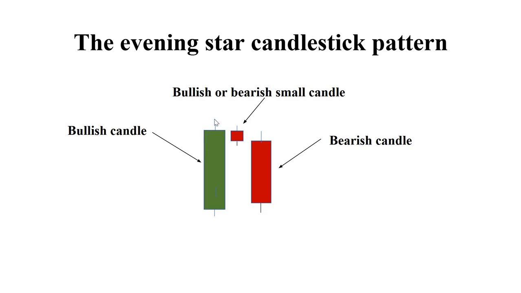All right, so let's delve into the evening star candlestick pattern. Let's look at the features or the characteristics of this candlestick pattern. Like I said in the morning star, it is made up of 3 different candles. Sometimes it can even be 4. The middle candles can be 2, but mostly we consider it to be 3.